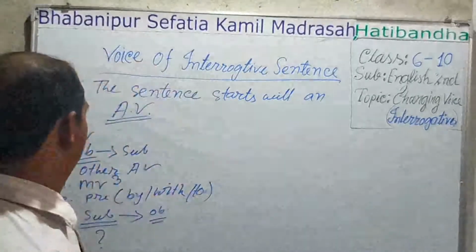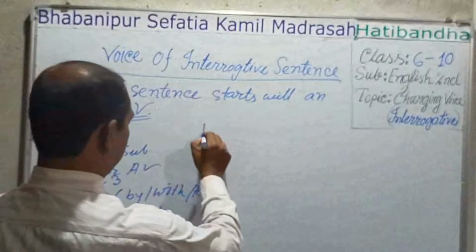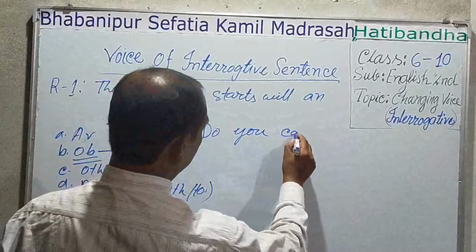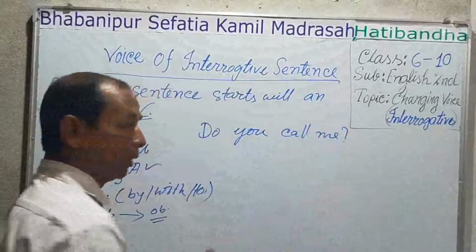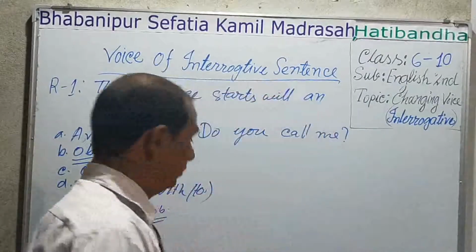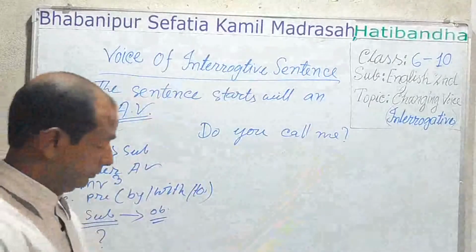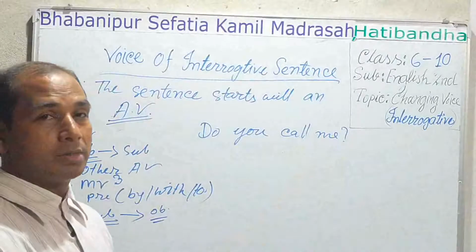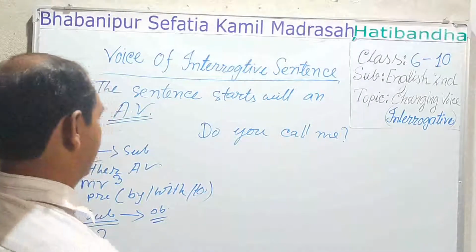So dear students, look here the examples of this rule. Suppose, do you call me? Here you can see, do you call me? It is an interrogative sentence and in present indefinite tense.